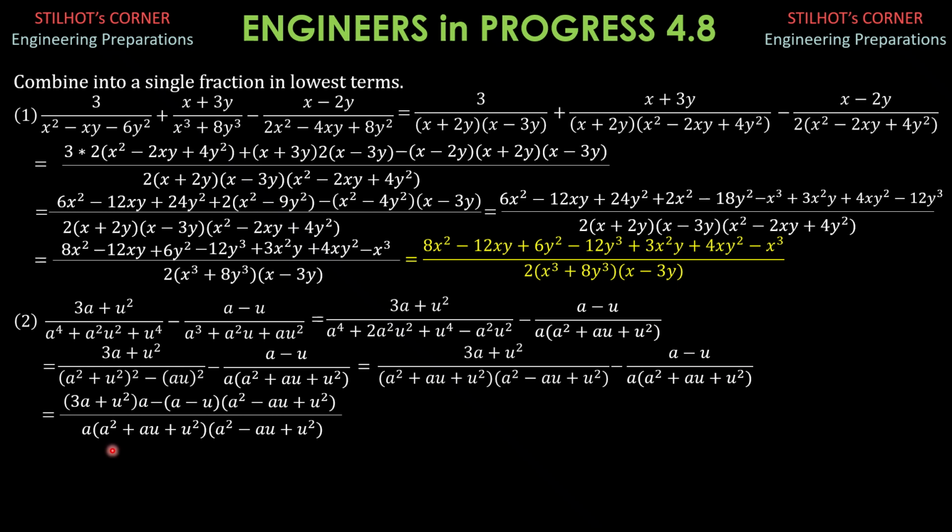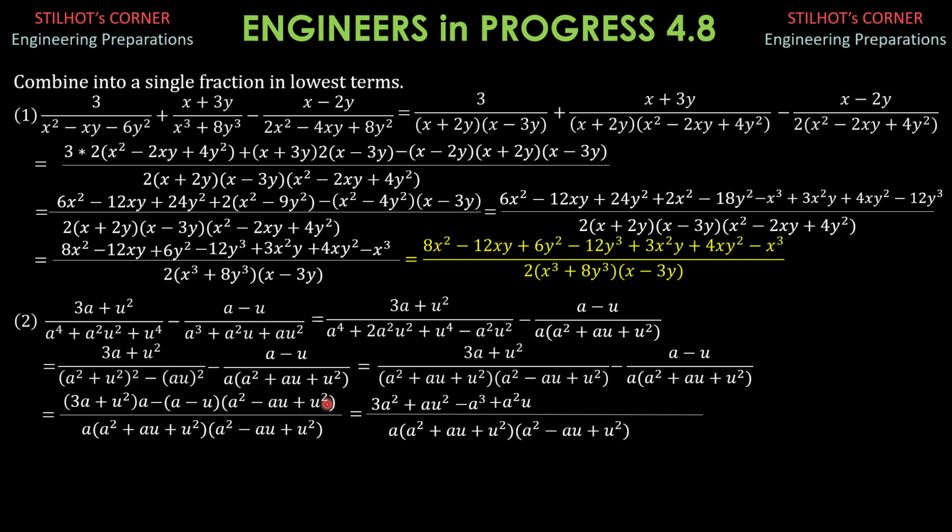So expanding, let's copy the LCD first. So a quantity a squared plus au plus u squared times a squared minus au plus u squared. Then we'll have 3a squared plus au squared. Then minus a cubed, a positive a cubed times negative, so minus a cubed. Then a times negative au is negative a squared u times negative, so positive a squared u.